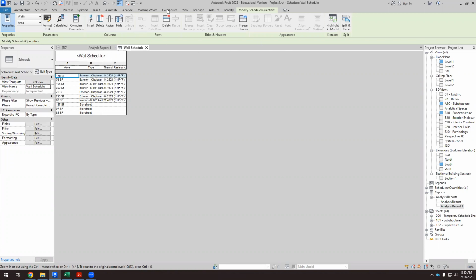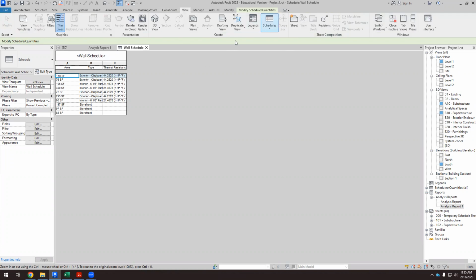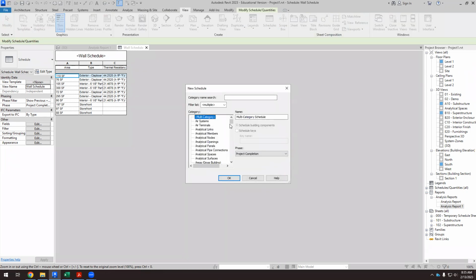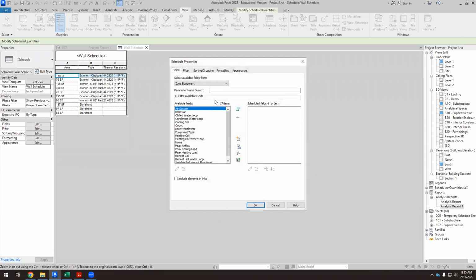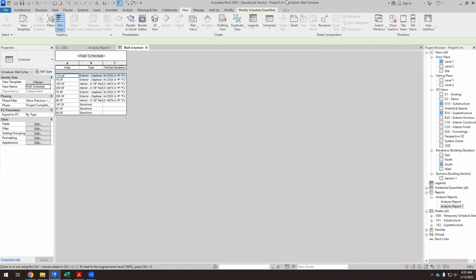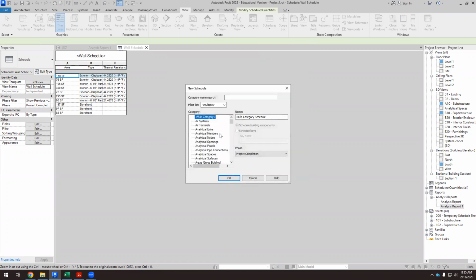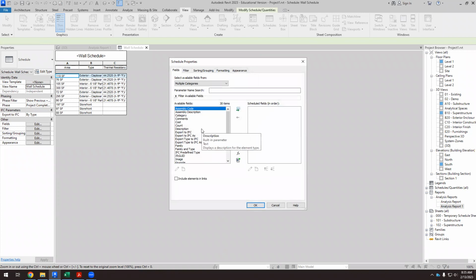If I go to view, I create another schedule, and now I want the category Windows. Okay, in Windows, I think I did it wrong. Windows, now I have to select the area because this is what I want now.